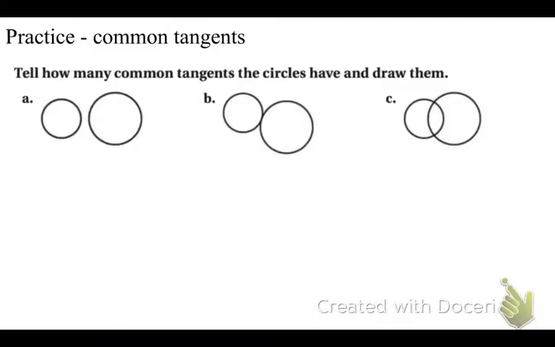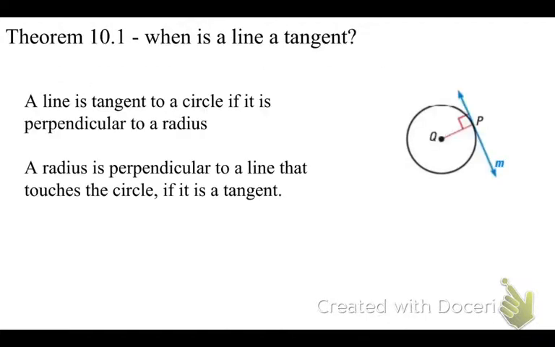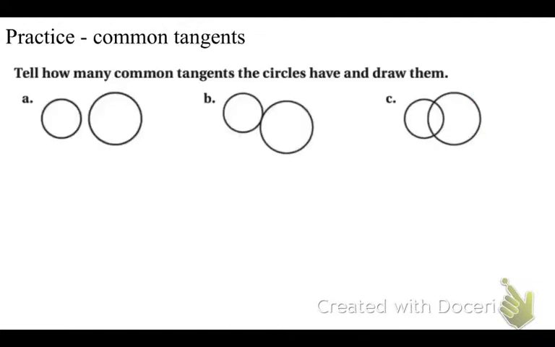Okay. So tell how many common tangents the circles have and draw them. Well, that's pretty easy because we just kind of did it. So here we have a common tangent here, and we have a common tangent here, our points of tangency.